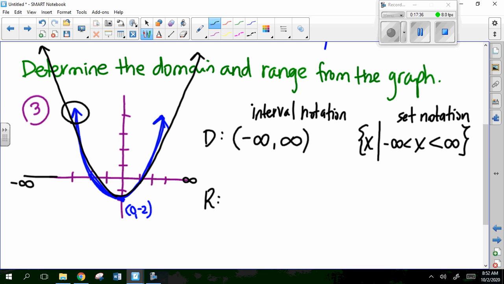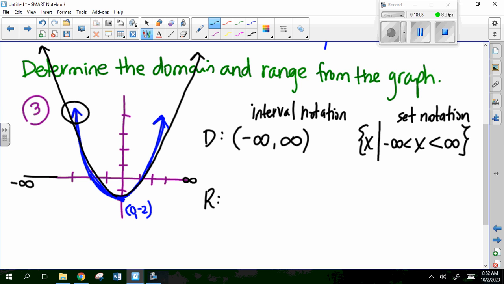And they're always less than symbols because the smaller number always comes before the bigger number. All right, so this is interval notation and set notation for the same domain. They mean the same thing. Okay? You still with me? It takes practice. This is new for a lot of you.